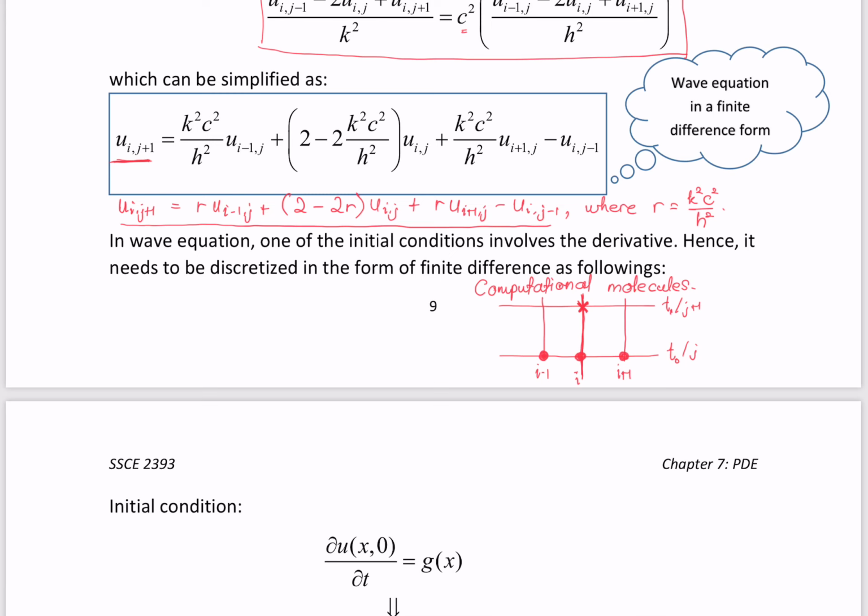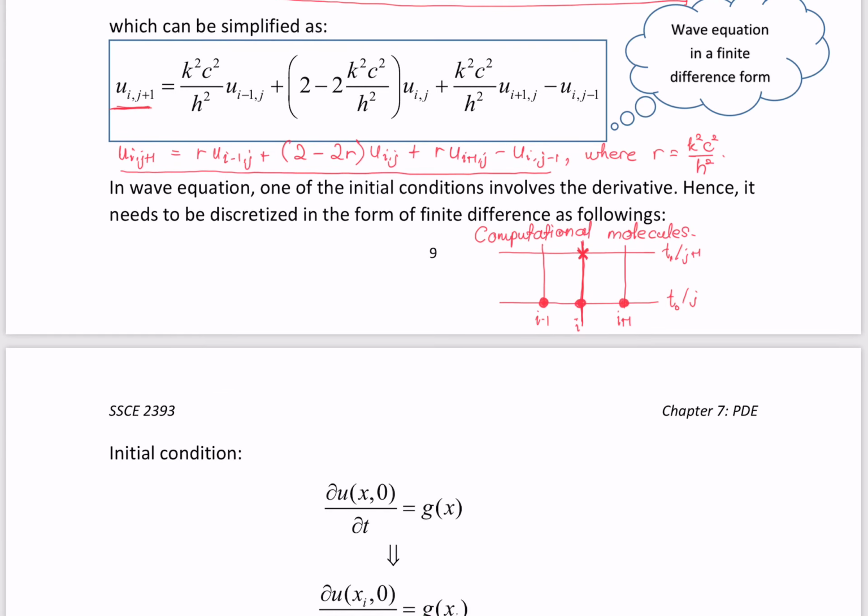And we also have the previous level, which is the level of j minus 1. We also need a grid point here. So this is the thing that we need.